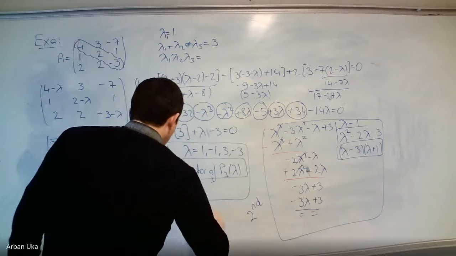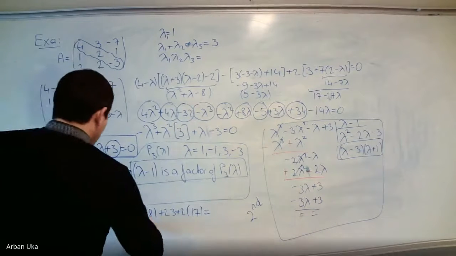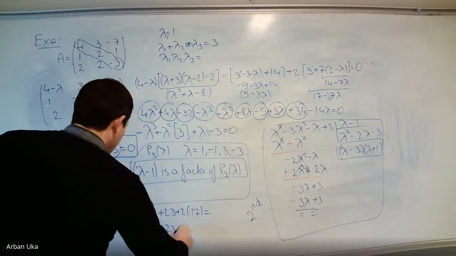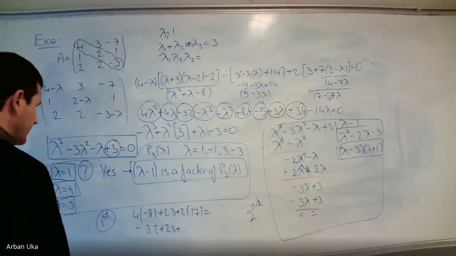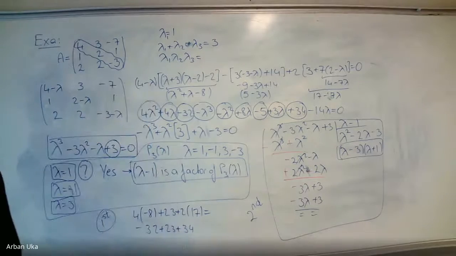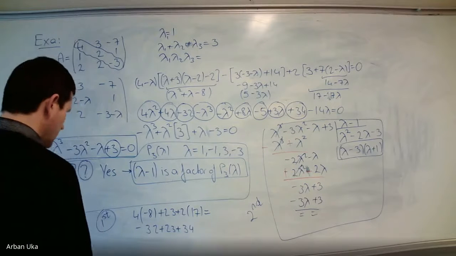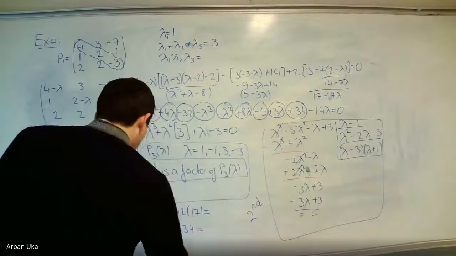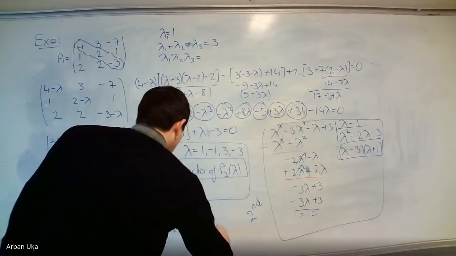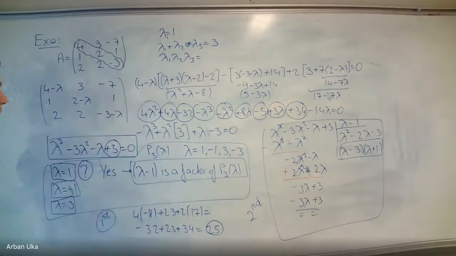So what is the determinant? 4 times minus 8 is minus 32 plus 23 plus 34. So 34, but we might have a mistake here. Probably there is. Because the determinant ends up being 2 plus 23, 25. But the product of our eigenvalues is not 25, it's 3.